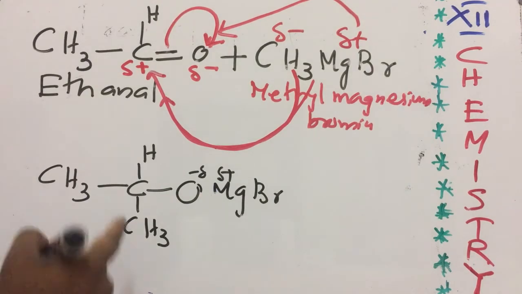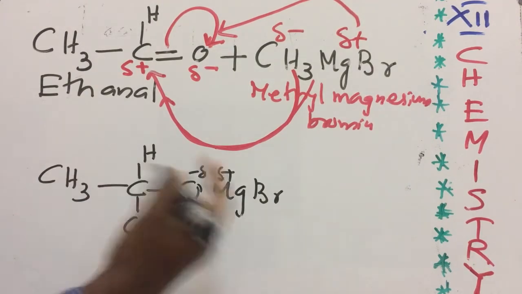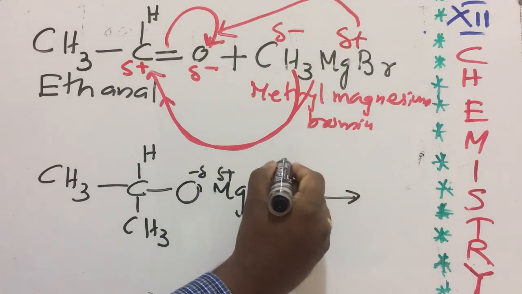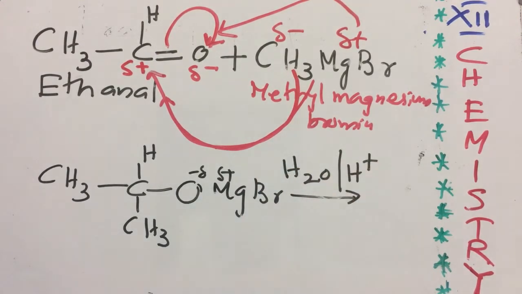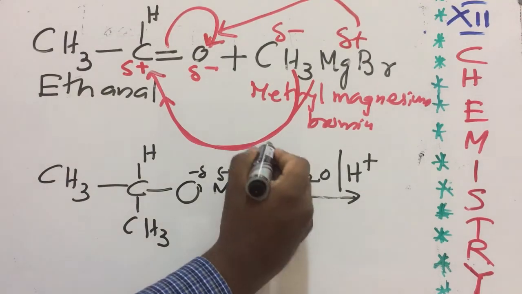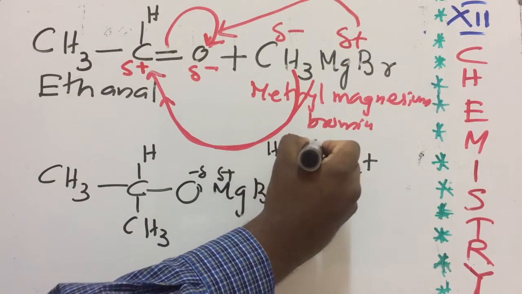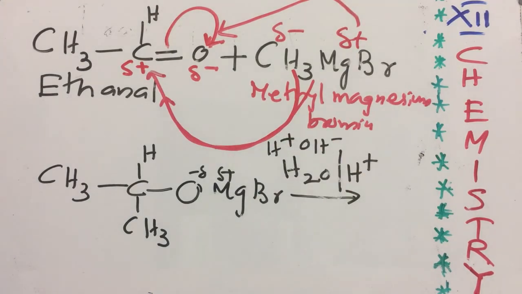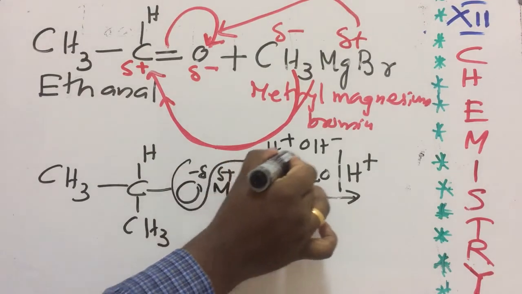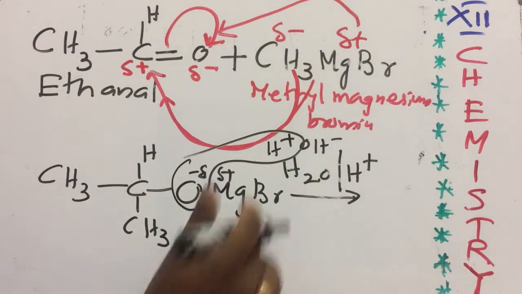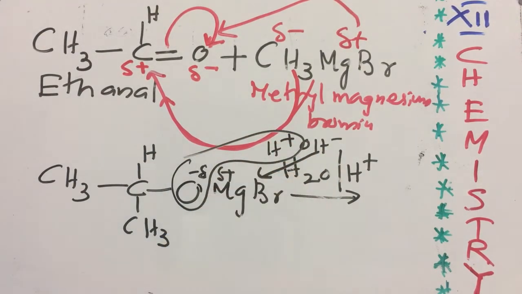After this, add water in presence of acid, so it's called acid hydrolysis. How can we write H2O? H2O we can write as H plus and OH minus. Then the O negative will attract H plus, and OH minus will attract MgBr.